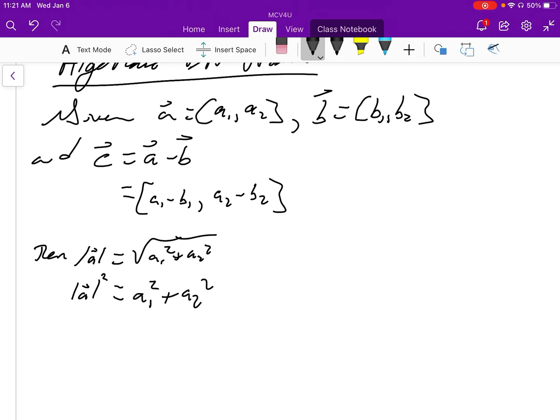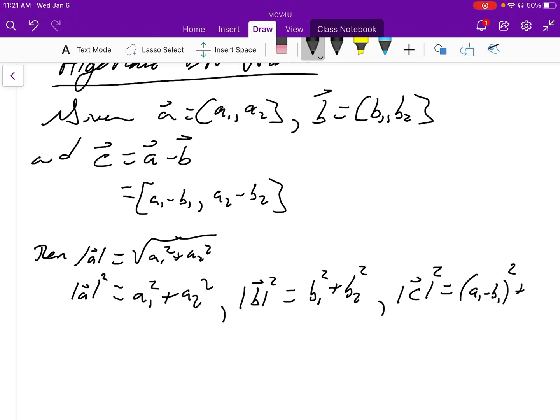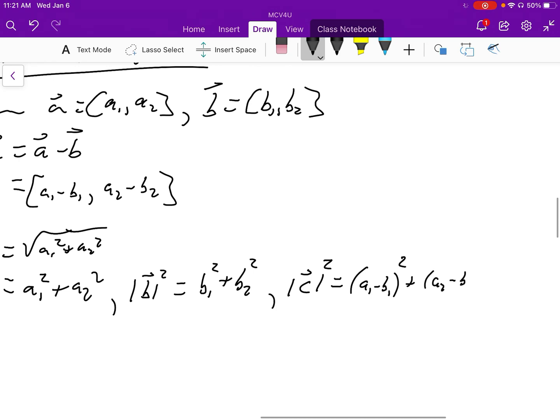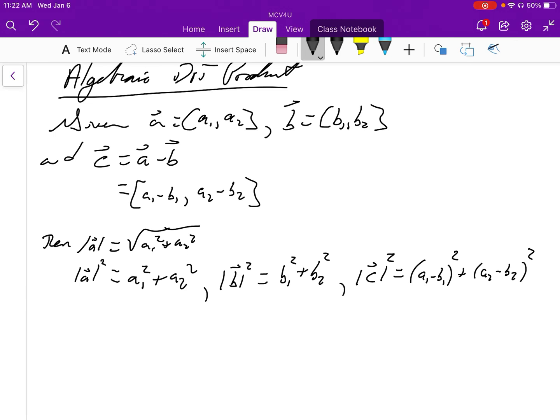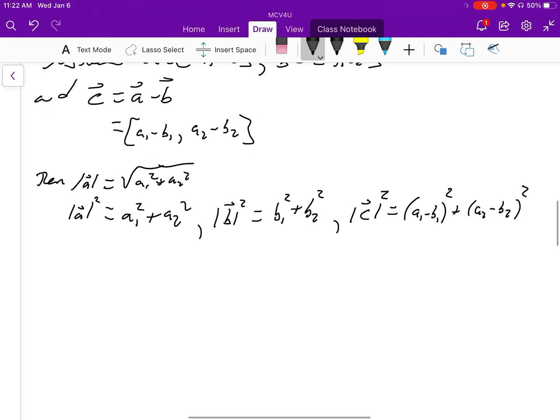Similarly, the magnitude of B squared is equal to B1 squared plus B2 squared, right? And if we go to C, the magnitude of C squared would then be (A1 minus B1) squared plus (A2 minus B2) squared. Make sure you understand that. If you need to pause and go through it yourself, make sure you have that before we move on. So there's one thing we know that we have.